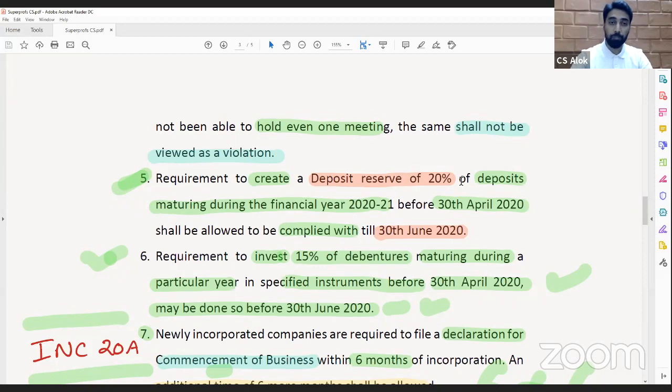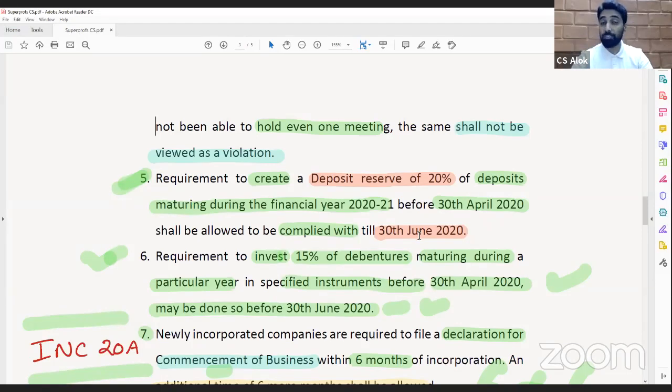Very clearly, 20% of deposits which are maturing during the year should have been kept by 30th April as a reserve. So if you have 100 crores of deposits, 20 crores you should have kept in a separate account as on 30th April 2020. But now you are going to get time till 30th June.